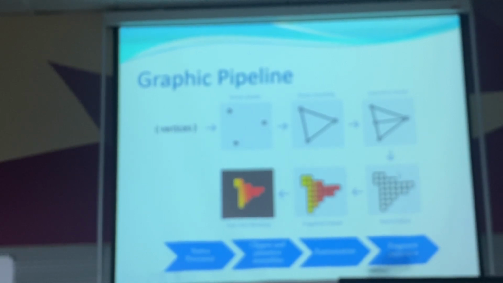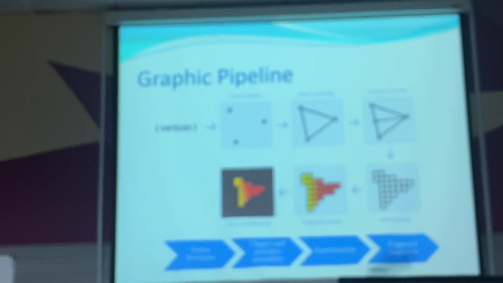Then this one is rasterization, from vertices now becoming pixels. This one puts colors, interpolations, and the 3 tests. That is the job of the fragment processor, and then this is what you see on the screen at the end. So this will be our graphic pipeline.